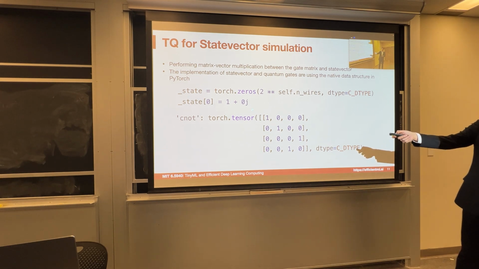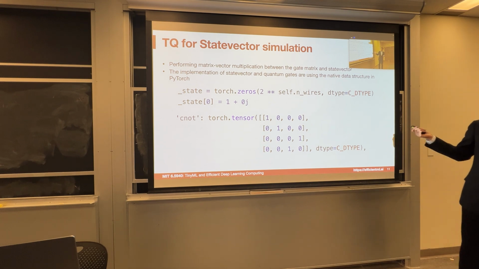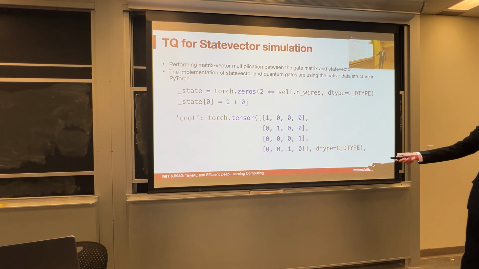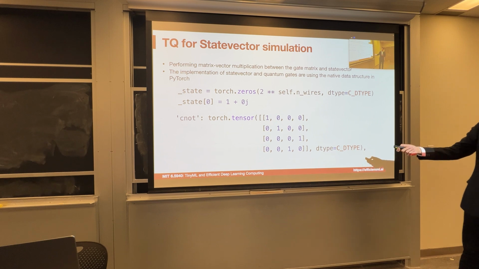You can initialize the state as the state you want. Later on, we'll introduce how to prepare the state on the real device. And for some other operations, like the CNOT operation, we also implement that as a matrix in TQ in torch tensor format.